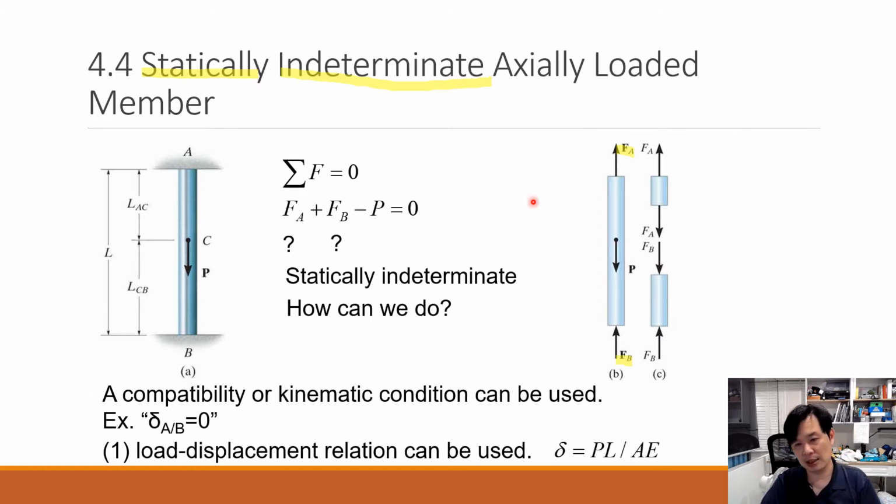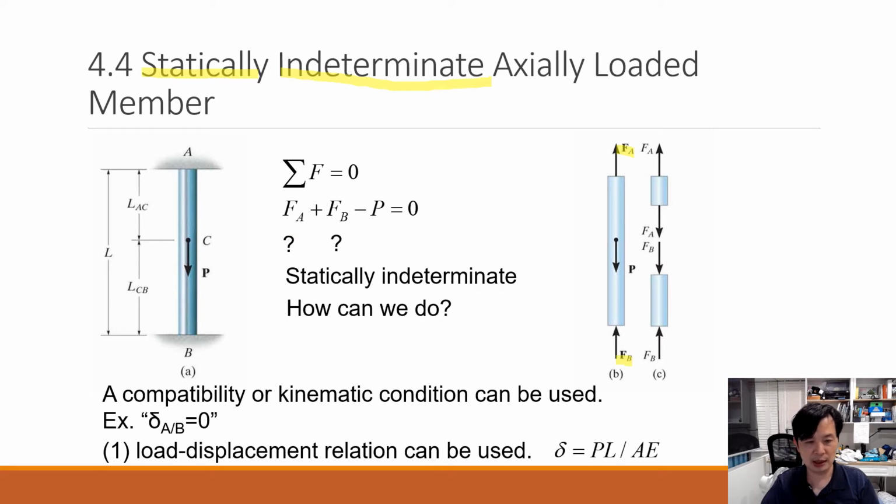However, in this case, all the applied loads are axial loads, and they cannot give you any additional equation in the horizontal direction or moment balance. Therefore, we only have a single equation.